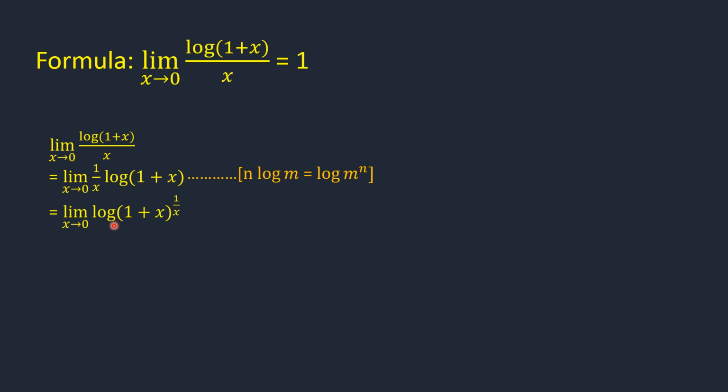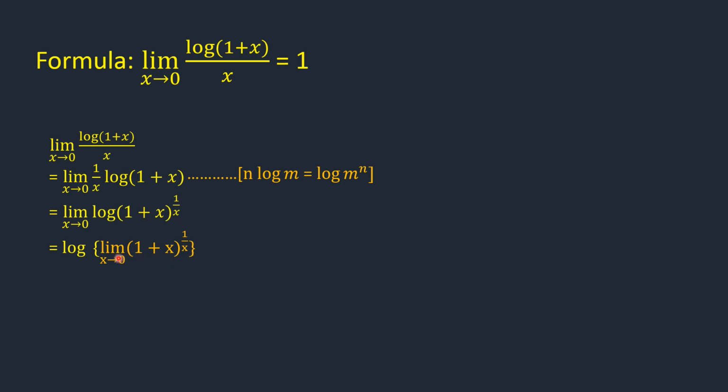Now, at this stage, let us understand one thing, that limit of log is same as log of limit. So therefore, in the next step, we will write log of this limit in the curly bracket.